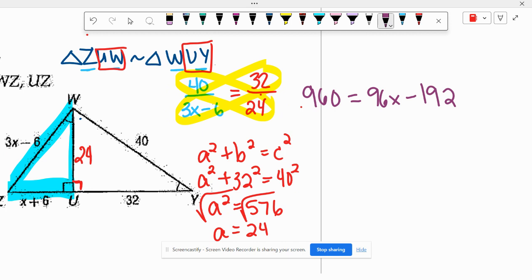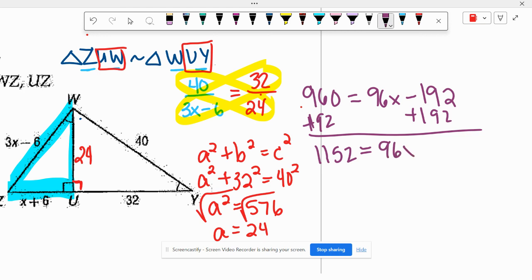So let's add 192 to both sides. So 960 plus 192. I don't know, 1152 maybe. Yeah. Divide both sides by 96. X equals 12. So X equals 12.